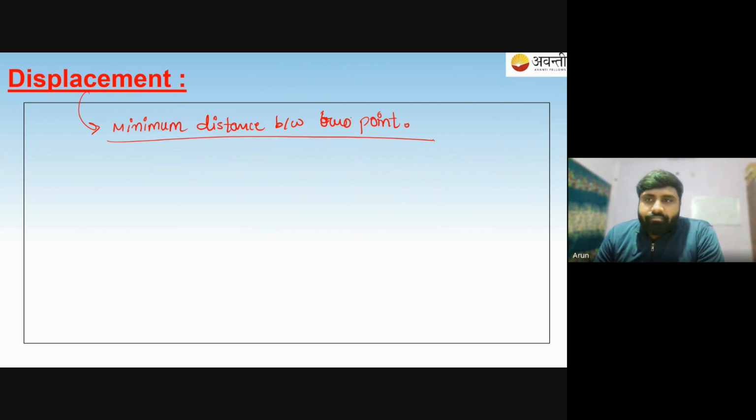But this is not displacement actually. I'm not saying that you are incorrect, but you are half filled with this information.